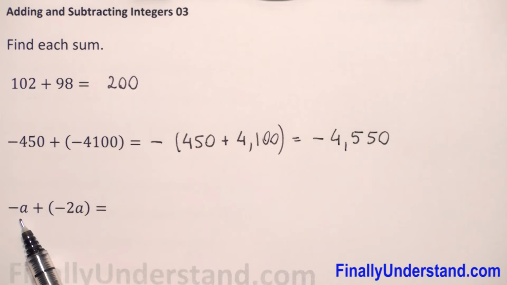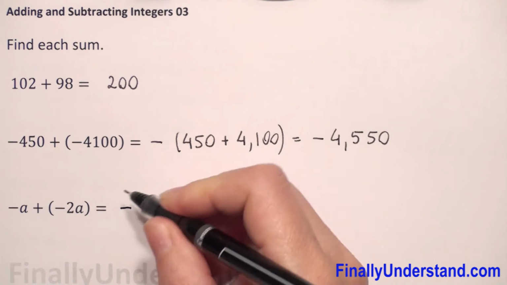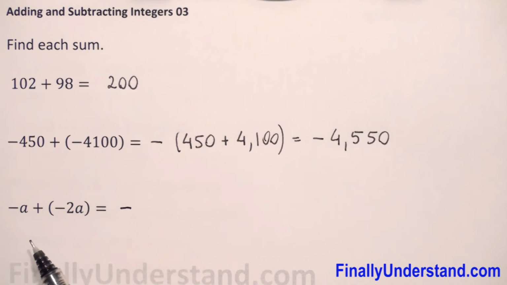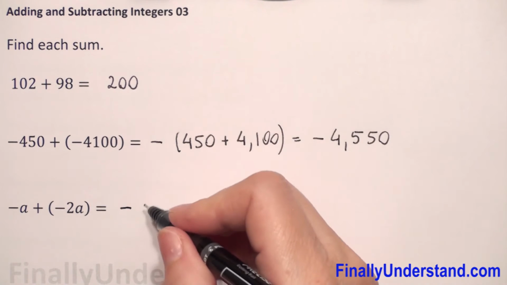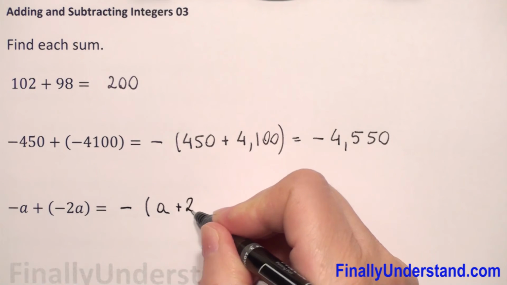Next example, now we have to add two negative variables. We have negative a plus negative 2a. Both expressions are negative, so we copy the negative sign like always, and now we have to just add a plus 2a.